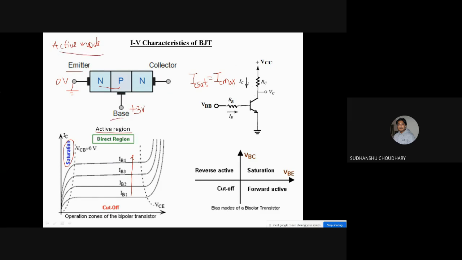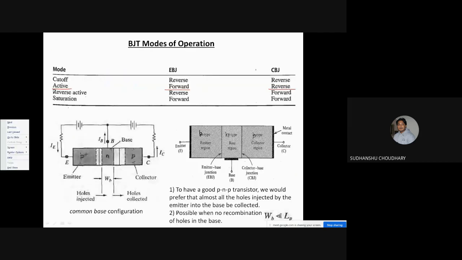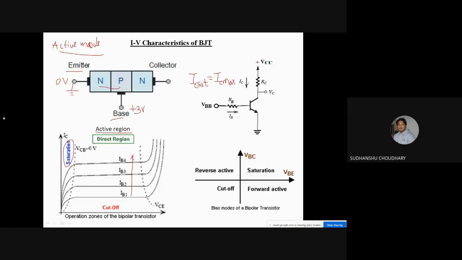Now the next thing we have to do is make the collector base junction reverse biased. I'll go back and check again: in the active mode, the collector base junction has to be reverse biased and the emitter base junction has to be forward biased. So how do we make the collector base junction reverse biased? Since the base is already connected to plus 3 volt, if I connect plus 5 volt or anything higher than plus 3 volt at the collector, then the base collector junction becomes reverse biased. A reverse bias of 3 minus 5, that is minus 2 volt, appears between base and collector.